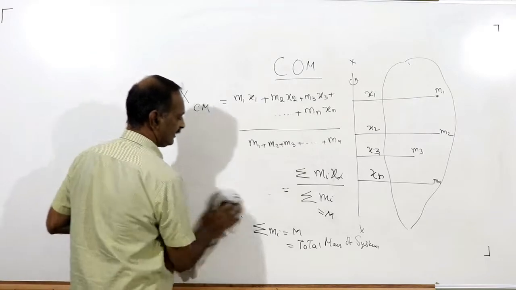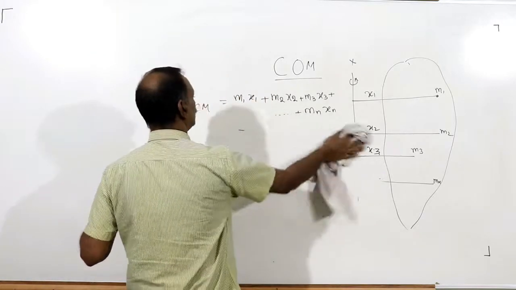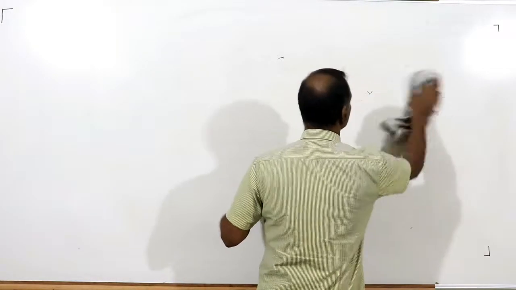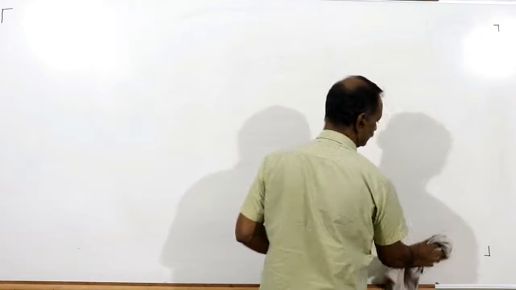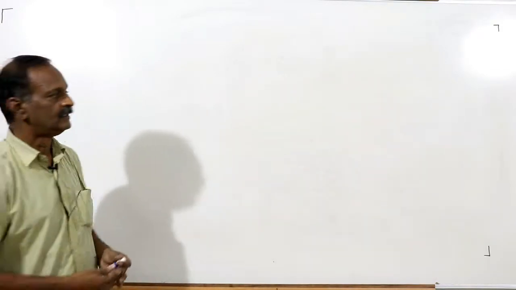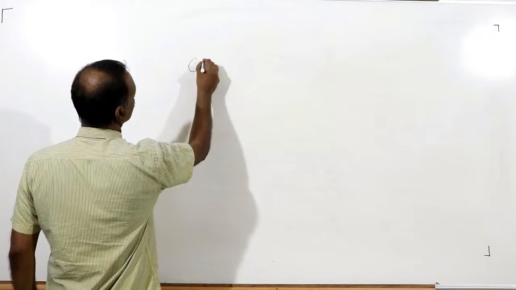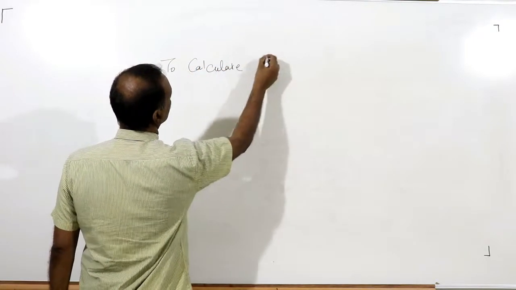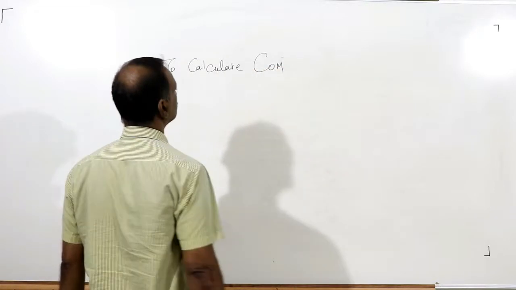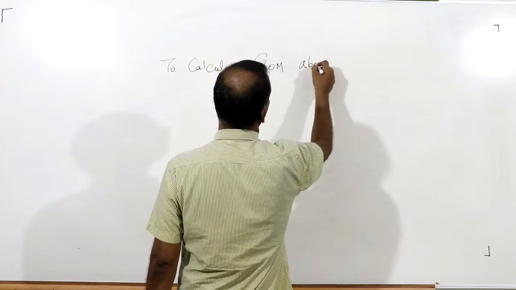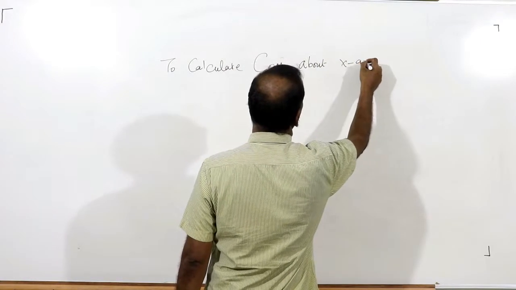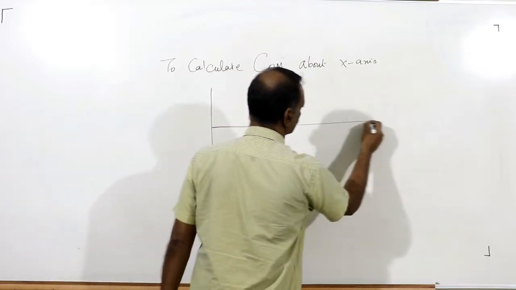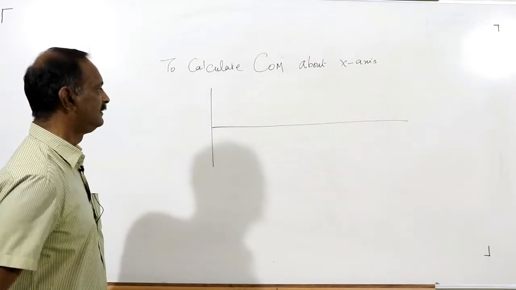Now we can write it for a two-particle system about the x-axis. To calculate the center of mass about the x-axis: this is the x-axis.